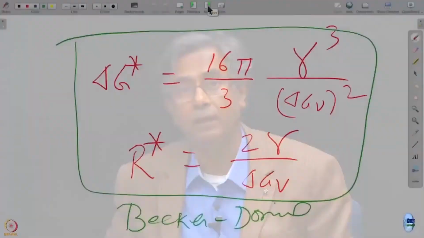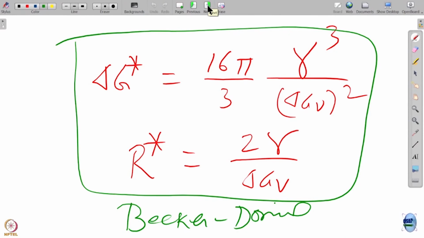But I want you to appreciate the generality of the concepts that are involved. It is a very common generality, and at the end of the day, we come out with certain beautiful expressions, which are very widely used.